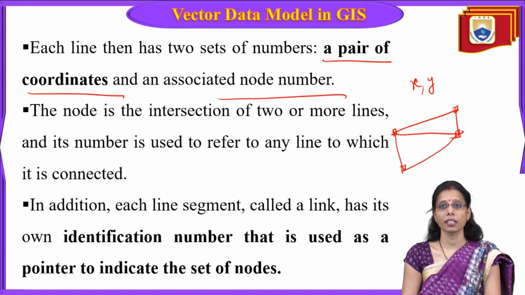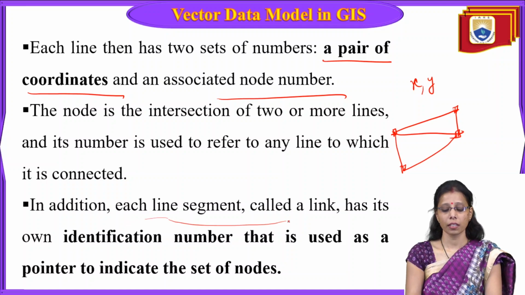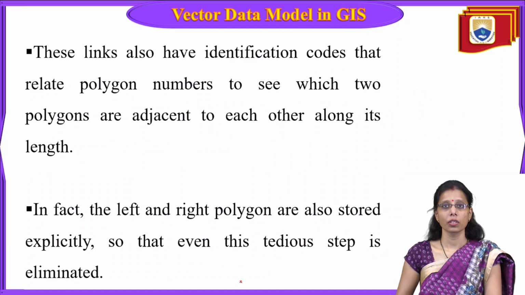The node is the intersection of two or more lines, and its number is used to refer to any line to which it is connected. In addition, each line segment, called a link, has its own identification number that is used as a pointer to indicate the set of nodes. These links also have identification codes that relate polygon numbers to show which two polygons are adjacent to each other along its length.